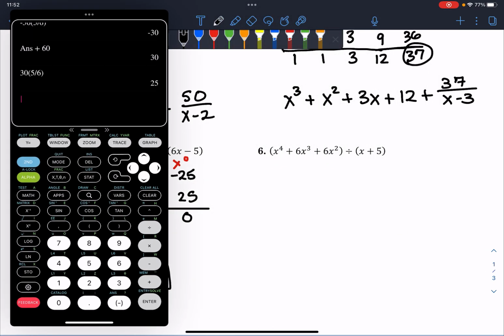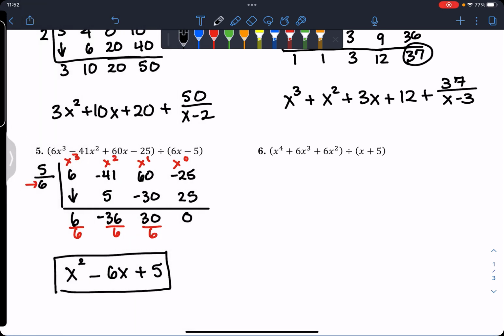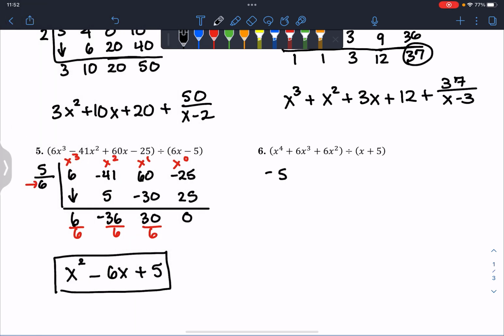Okay, let's look at the next example. So we'll start by first writing negative 5. We start off with x to the fourth power, x to the third, x to the second, x to the first, and x to the 0 power, the constant.